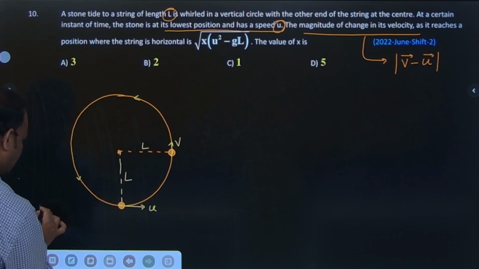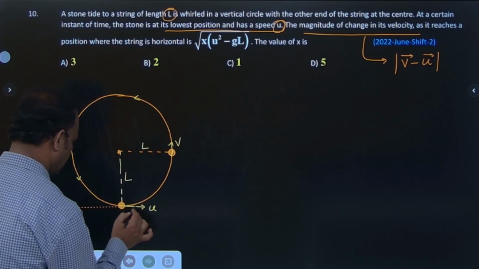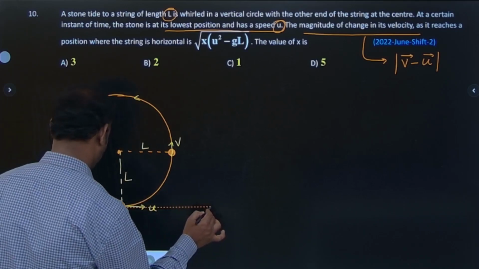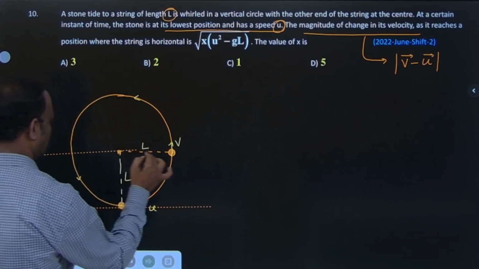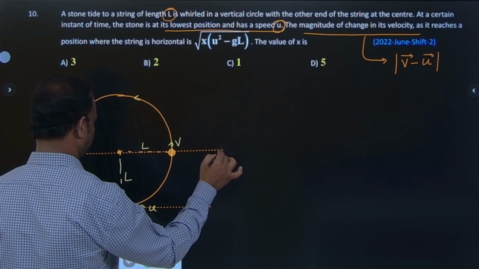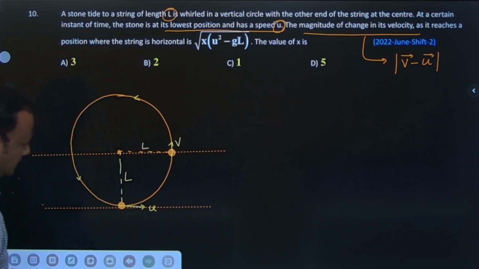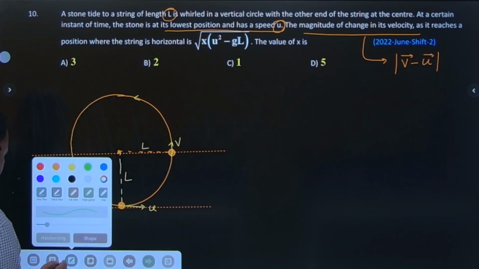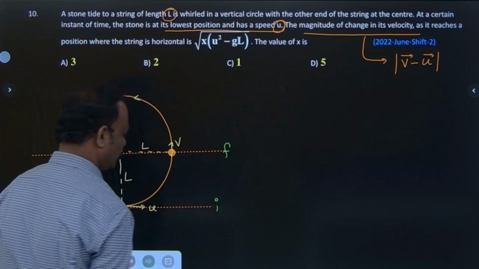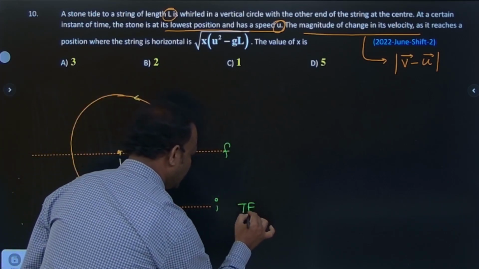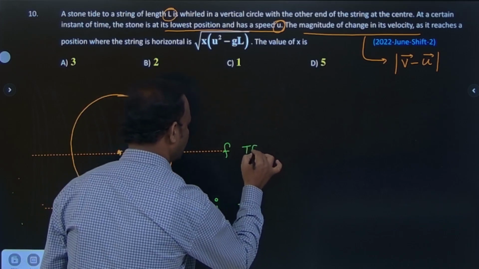I'm choosing the horizontal ground frame as the reference. Now you can use it: this is the initial and this is the final. Total energy initial, total energy final, same as we have been doing for many problems based on conservation of mechanical energy.